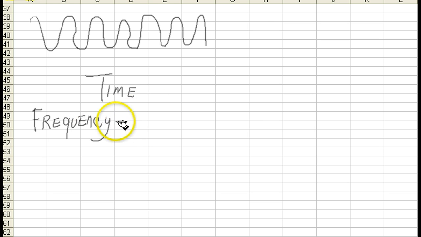Now the frequency implies change. So notice that it's varying, all right? And it's varying back and forth. So by definition, the frequency is the variations over time.